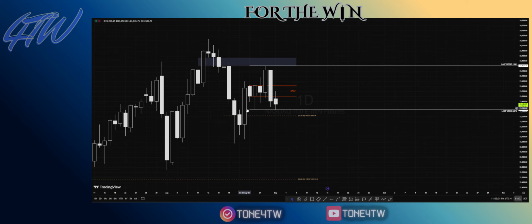But as we see right here, we have this floor as a BISI, followed by this inversion. Now, we have liquidity taken out here. You had this liquidity sweep right here. I'll put that.